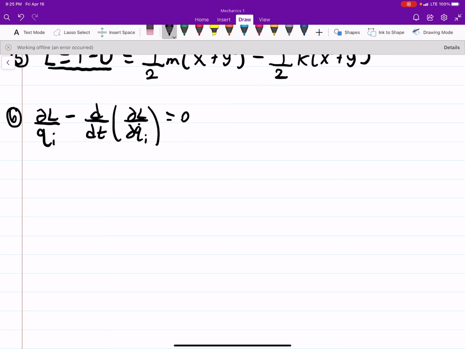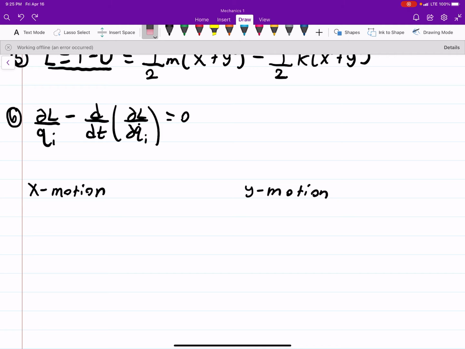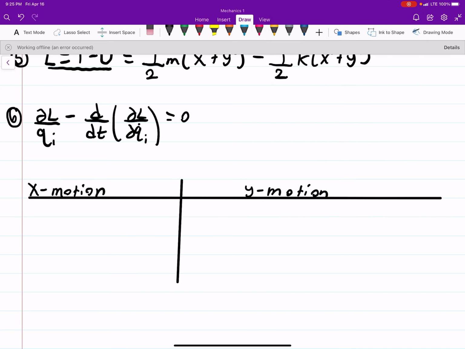So we're going to break this up into essentially 2 problems: x motion and y motion. And they're going to look pretty identical, just like we would do if we were doing Newton's second law, right? Because they're vectors, we'd often break them up into components. This really isn't much different.